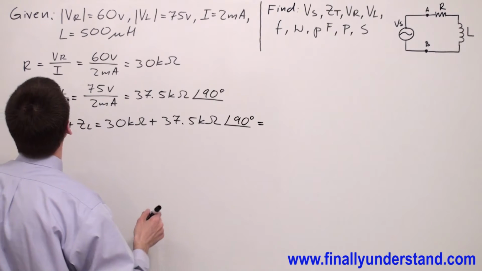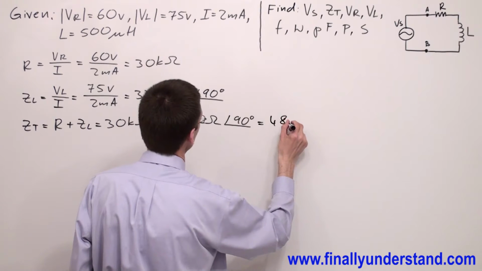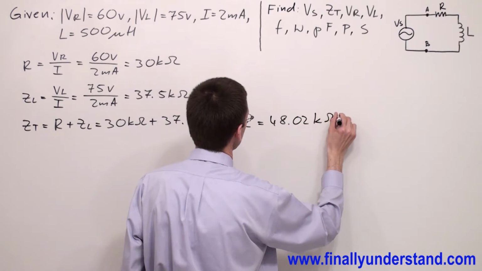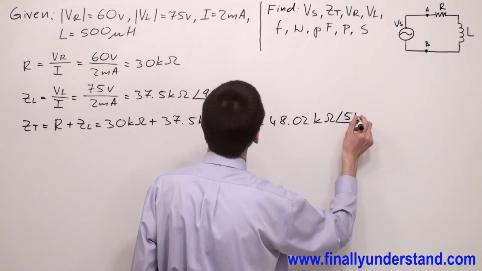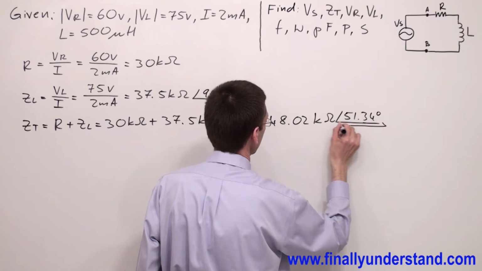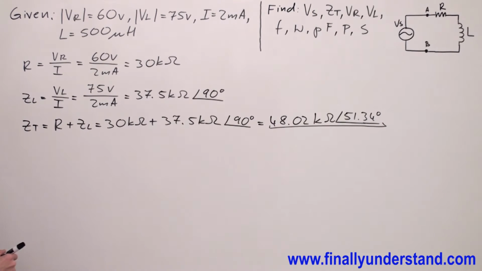This is equal to 48.02 kilo ohms and angle of 51.34 degrees. This is Z total in my circuit.